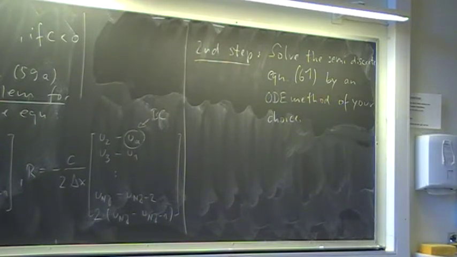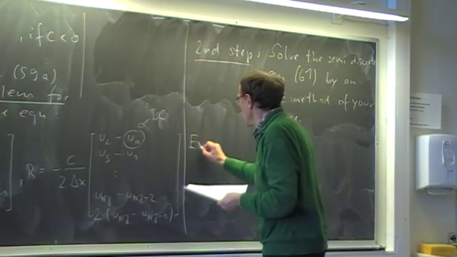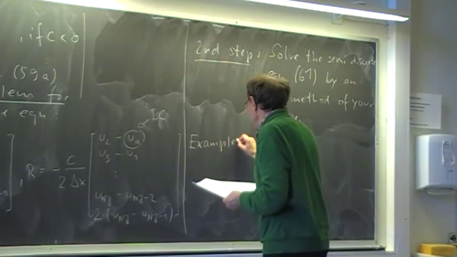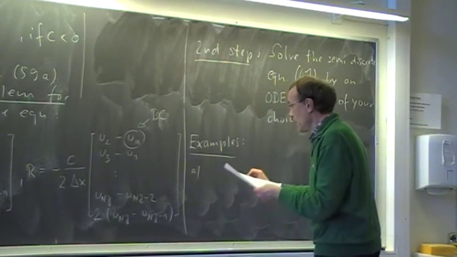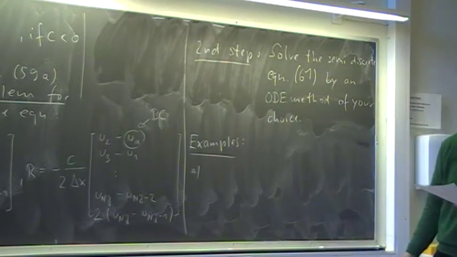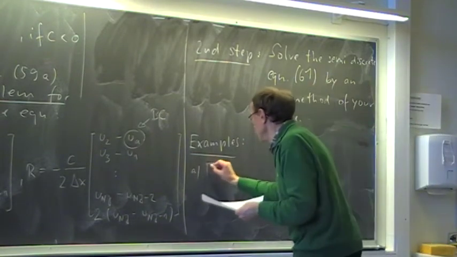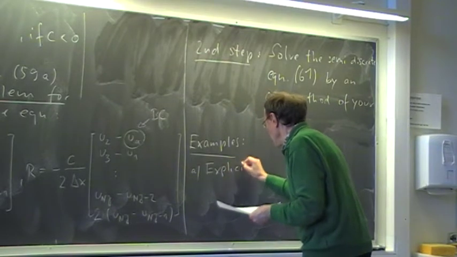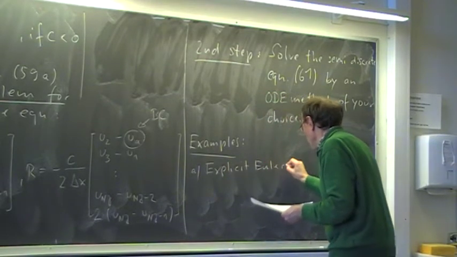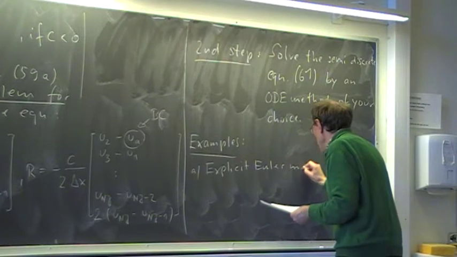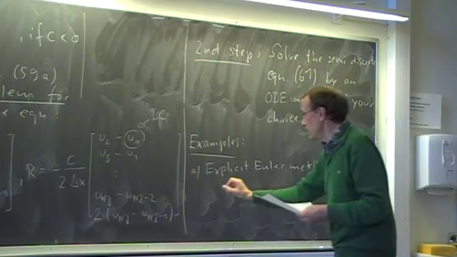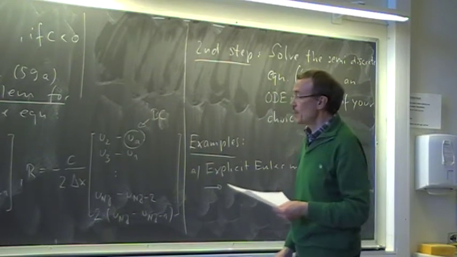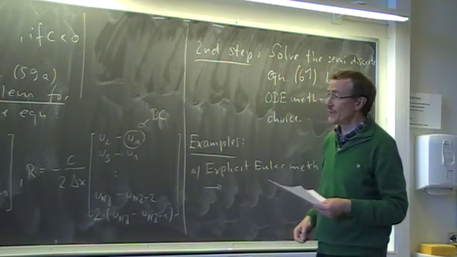Actually, we have done that already, if you think of it. We have already done it for the following cases. We have done it with the explicit Euler method, using the central differencing.